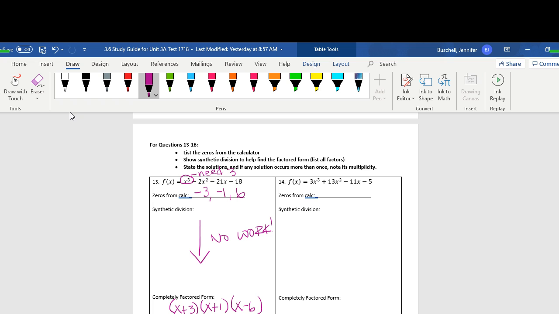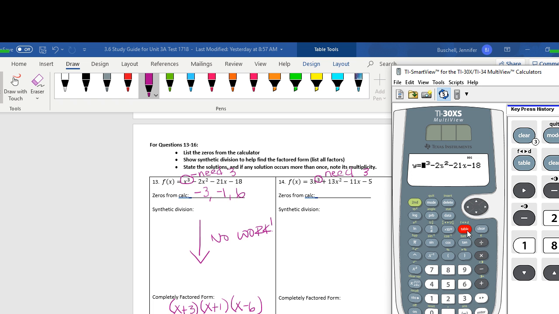Let's try 14. So 14, I have f of x equals 3x cubed plus 13x squared minus 11x minus 5. Again, my degree, the highest exponent, is 3, so I need 3 solutions, 3 factors, 3 answers, 3 zeros. I'm going to take my calculator, go to table, and type in my new equation.